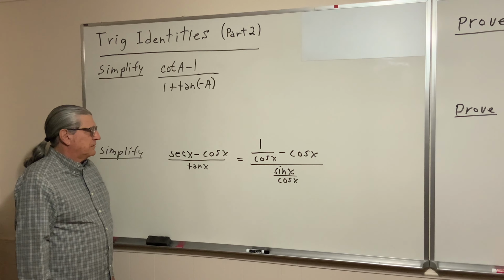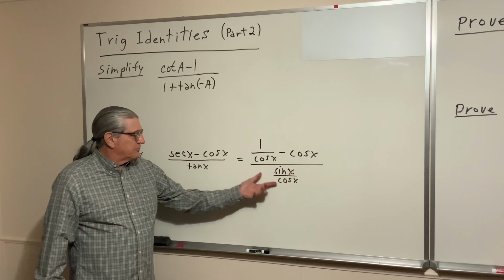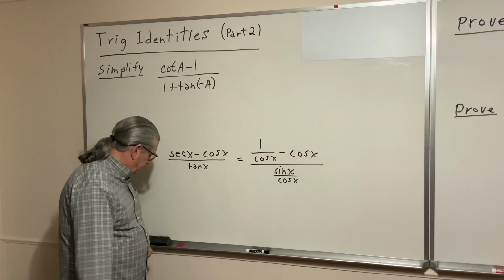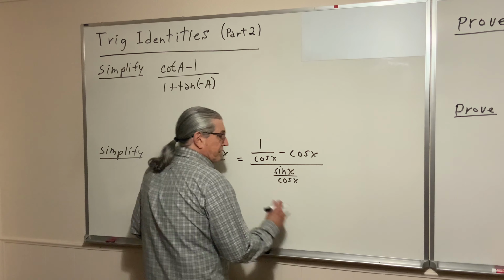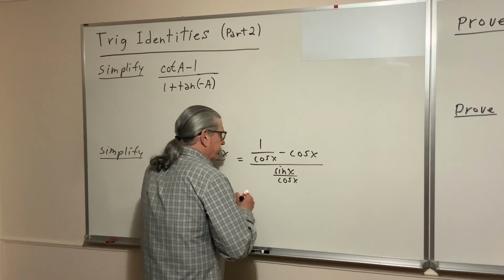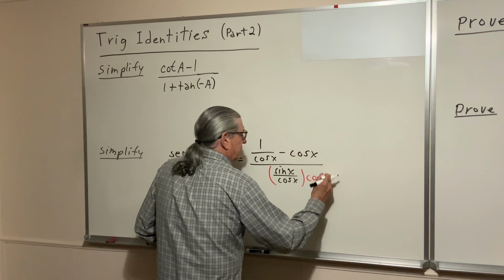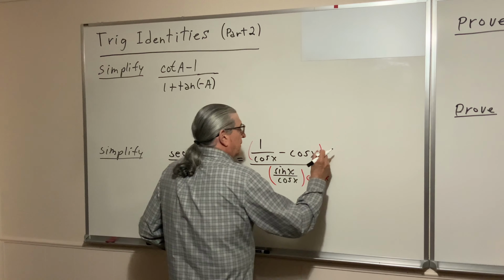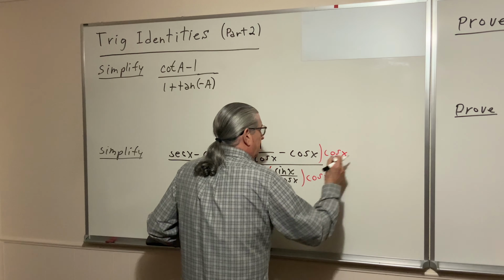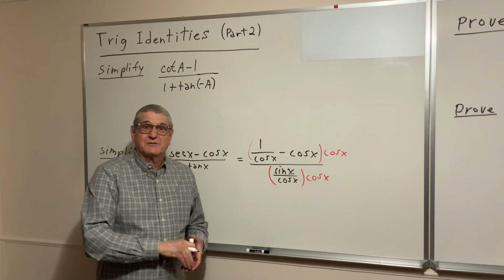Well, notice how it would be nice to get rid of these cosines. So just working with regular fractions, I can multiply top and bottom by the cosine of x. See, who said math was about numbers, right?